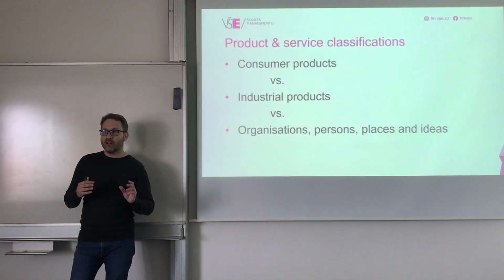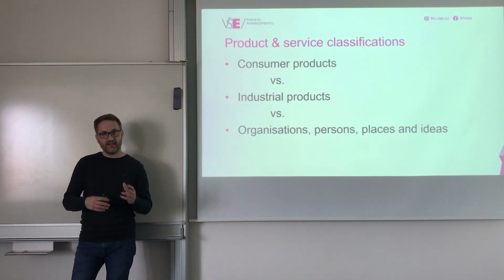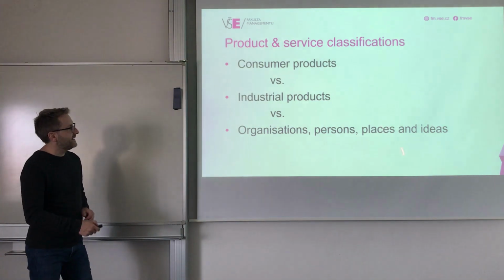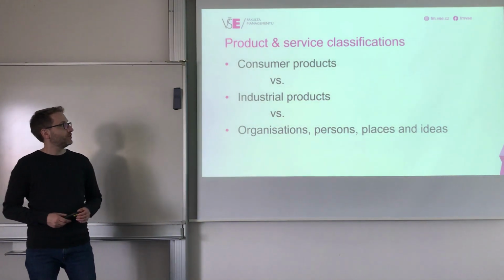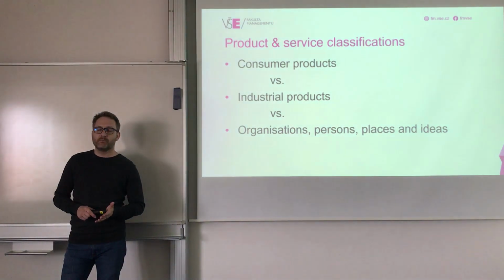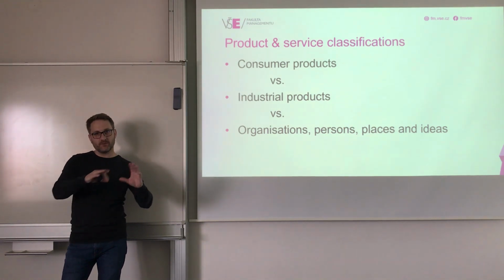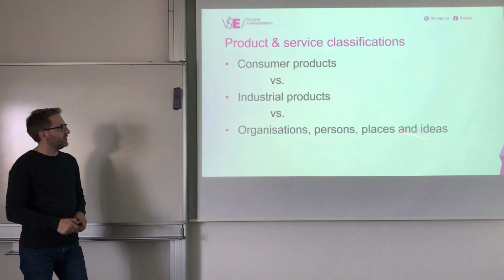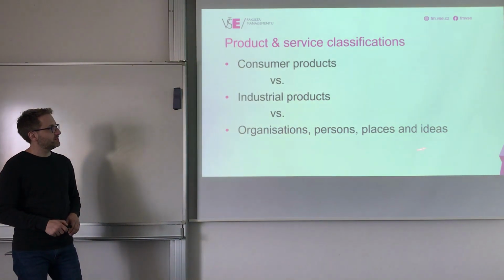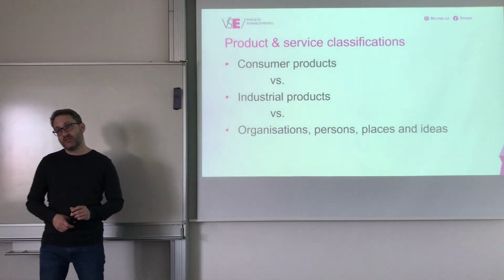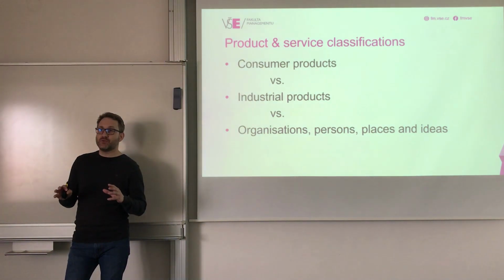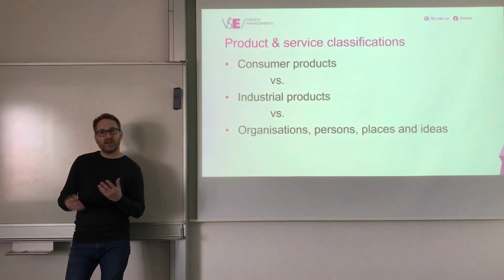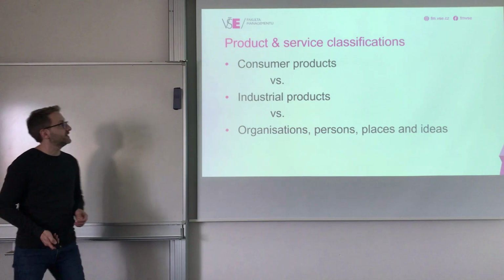They are not suitable for the final use, okay? And I already told you that the product is not only about tangible and intangible product, but also about organizations, persons, places, ideas, and so on. So I would like to explain what that means in reality.